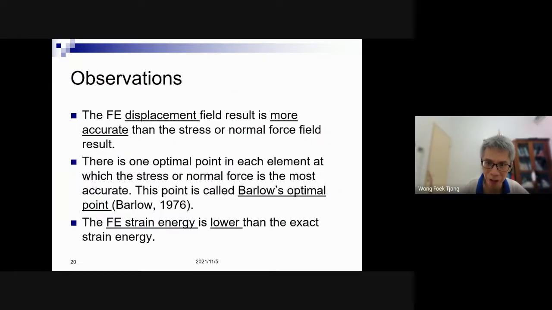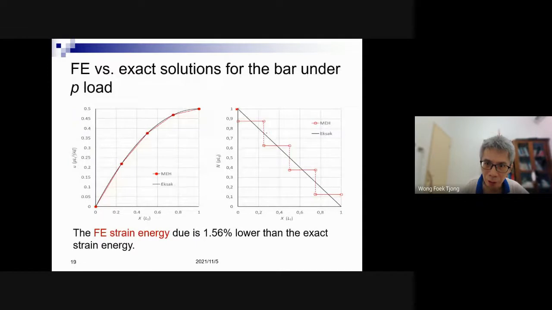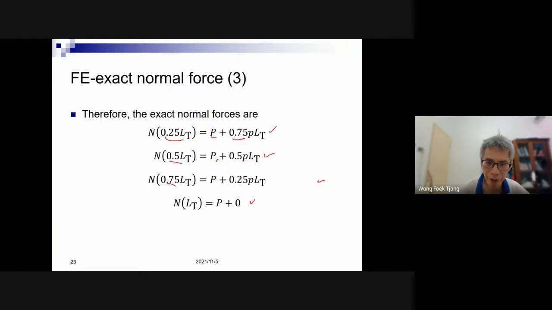We see that this is exact. 0.75 here, and then at this point 0.5, 0.25. That's all exact. Any questions? I think this is useful for your homework.